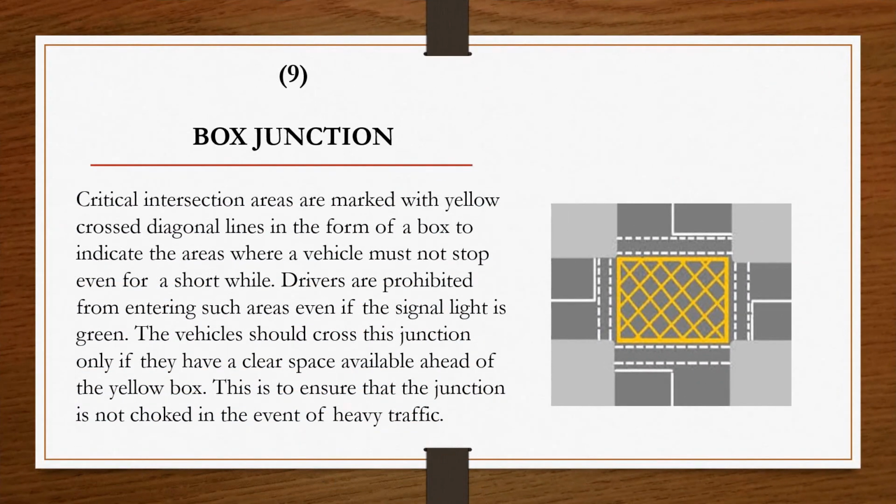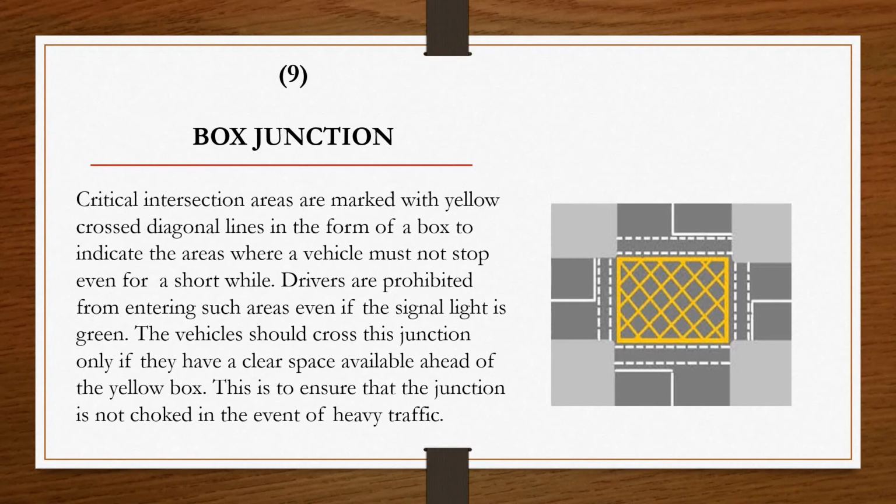9. Box junction. Students, please refer to the given image. Critical intersection areas are marked with yellow cross diagonal lines in the form of a box to indicate the areas where a vehicle must not stop even for a short while.